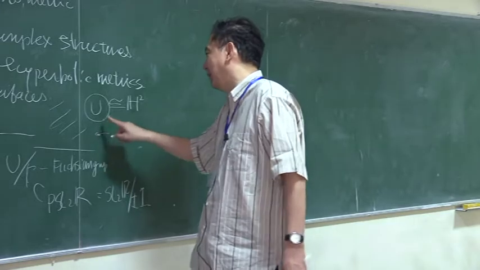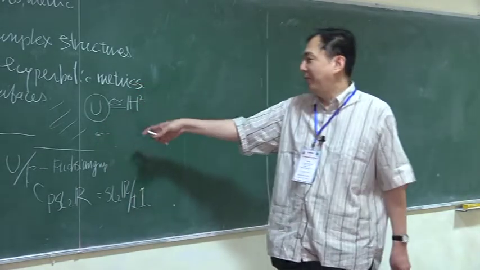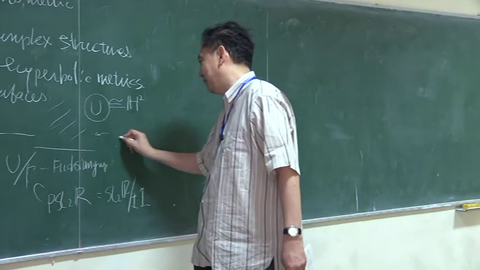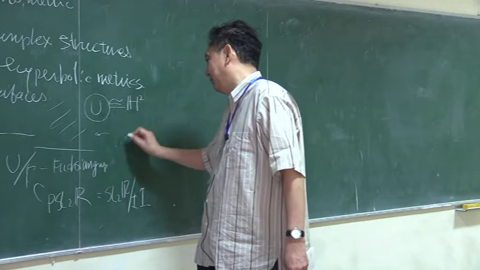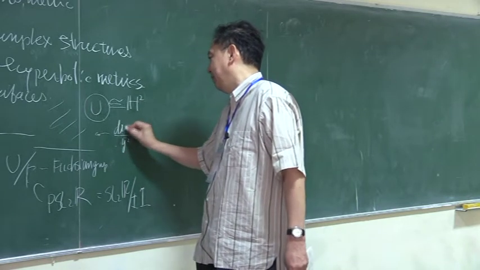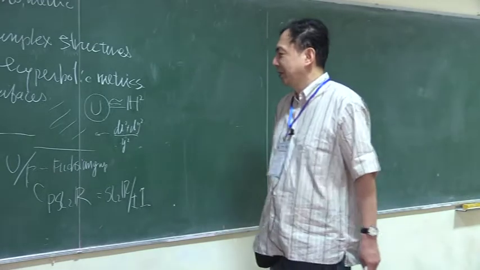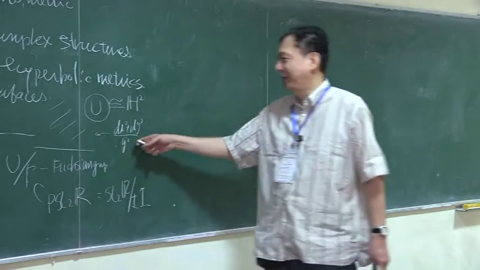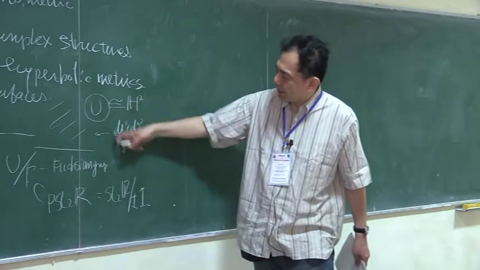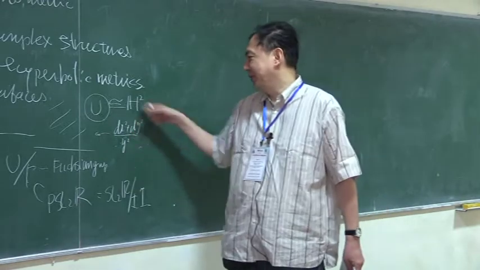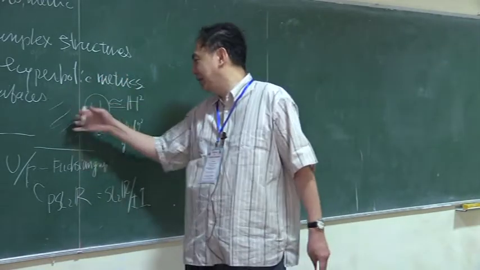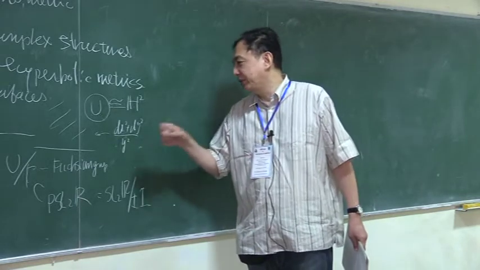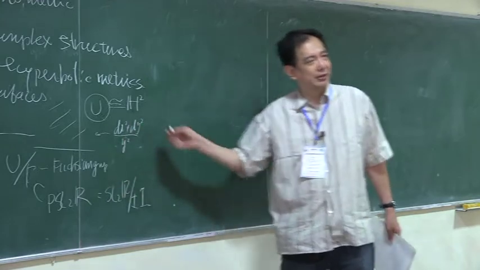The model of the hyperbolic plane is the upper half plane, with the metric like that. Probably I need to put 2 or something, but the simplest form should be like that. Just ignore the constant. Then this group is the isometry group of this metric.